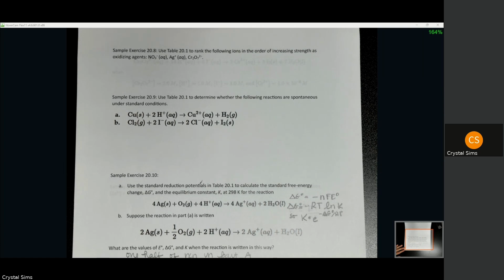We have the nitrate ion, silver ion, and the chromate ion, and we need to figure out their strength as oxidizing agents. So I'm going to look up their reduction potential values, and I've looked those up, and here is what we have.